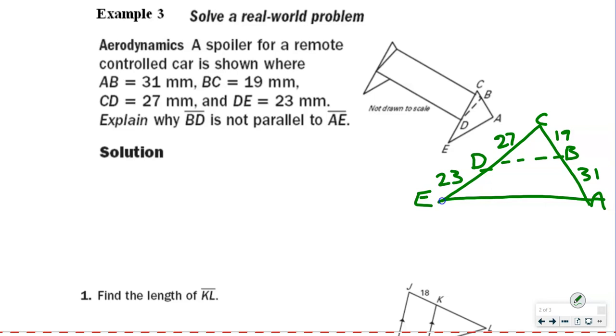So we want to set up our statement, set up our proportions. So we have 19 over 31 equals 27 over 23.